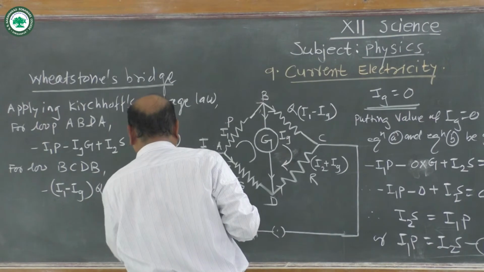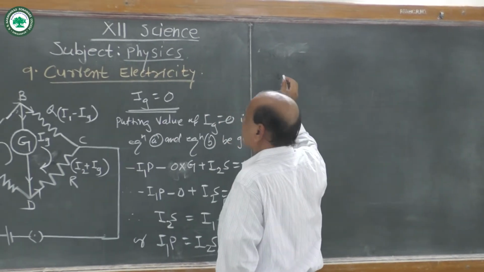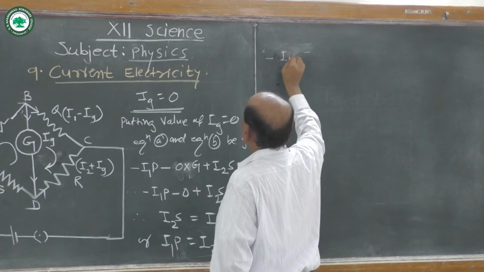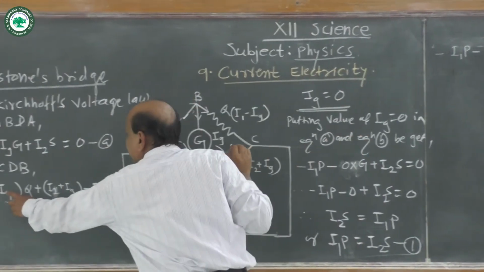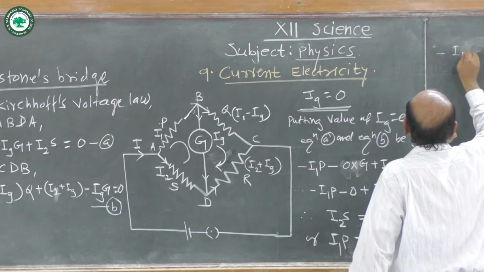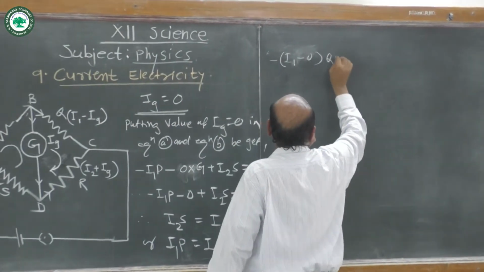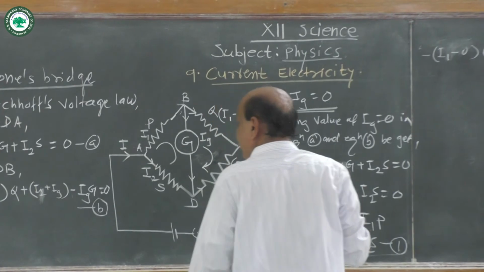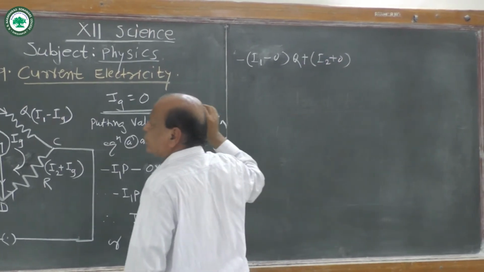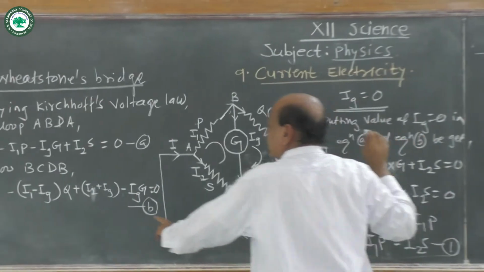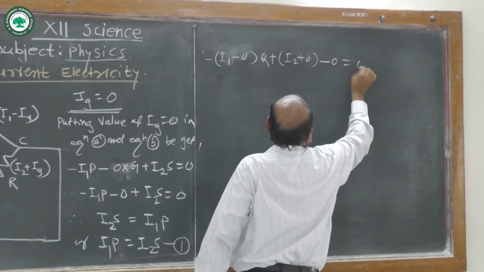Equation B is minus I1P, minus (I1 minus Ig, which is 0 here) into Q, plus (I2 plus 0) into R, minus 0 is equal to 0.